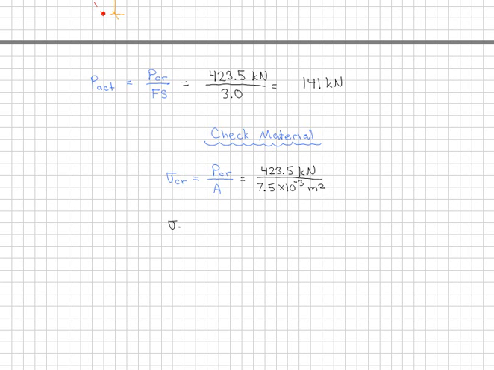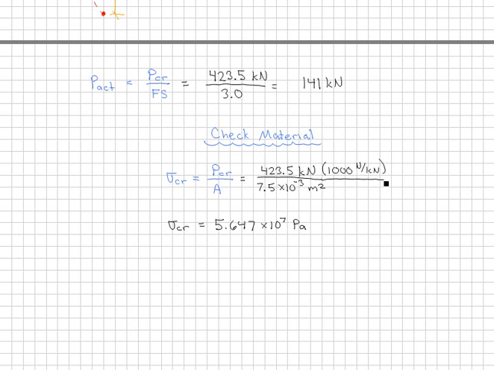And our critical buckling stress is equal to 5.647 times 10 to the 7th pascals. Now I did neglect one unit conversion. We have a mismatch of units, so we want to convert the kilonewtons into newtons. We do that by multiplying by 1,000. That will give us our answer in pascals.